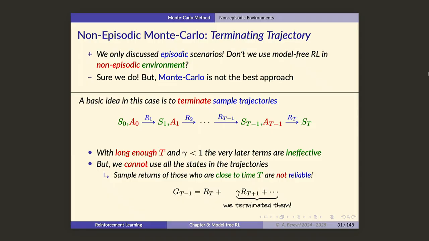For the next ones, it's going to be gamma to power T. And even if gamma is 0.9, when T is 100, that value is extremely small, right? So that is almost 0. So I can roughly say that when I think about the very first state, whatever comes after the termination is not really impacting my sample, right? It's definitely much smaller than the noise that I'm seeing in my sample.